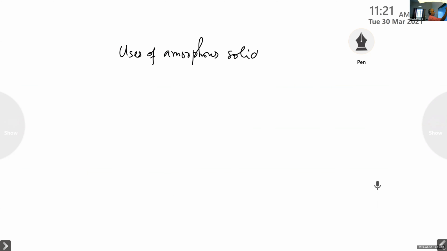Let us see some examples of amorphous solids. We know solids like plastics, polymers, then rubber, glass, etc. All these are examples of amorphous solids. And we know all these are in frequent use in our daily life.